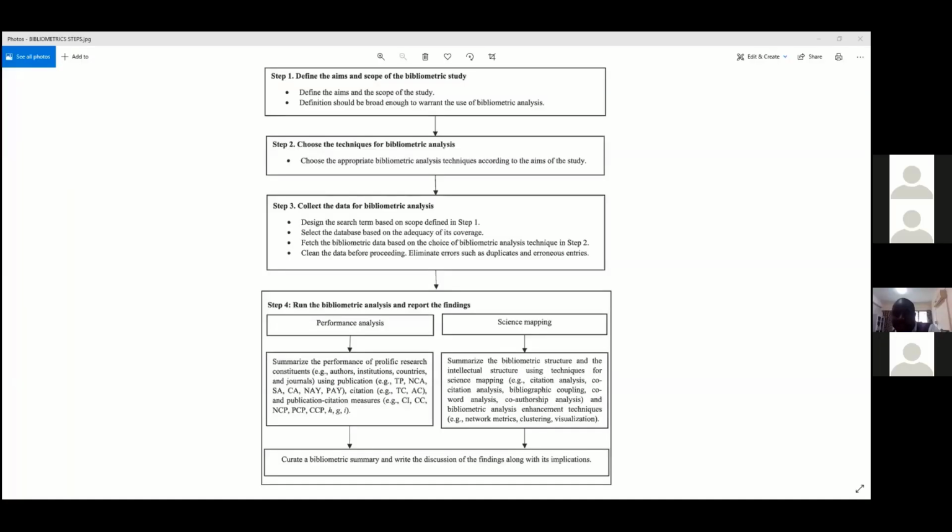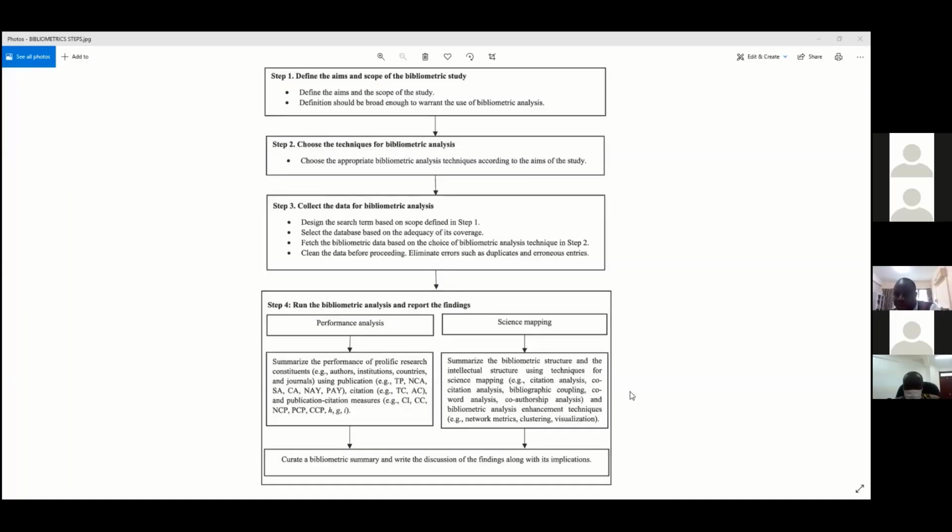Yes, it's a pleasure to be here, and I look forward to a very interesting time during this session. So I'll be talking about bibliometrics, and thereafter we'll be inviting questions because we want the session to be as interactive as possible.